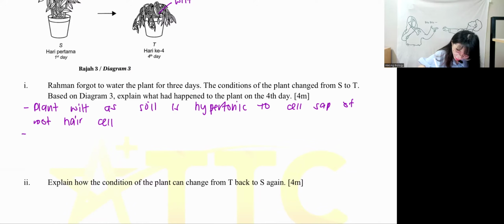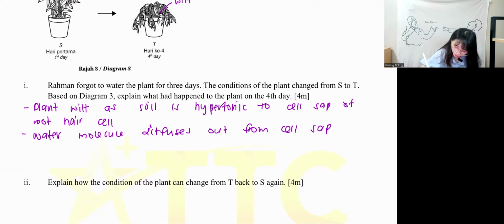Next, you're going to say water molecule diffuses out from cell sap of plant cell by osmosis.